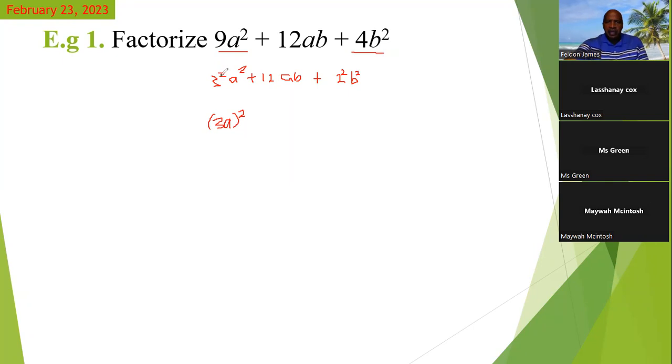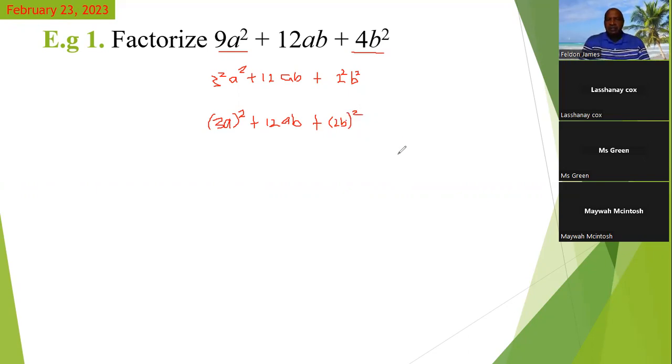Writing it this way lessens the clutter of writing 3 squared and a squared. Rewriting the middle term, we get 12ab. Rewriting the last term in brackets, we would get (2b) all squared. All right.